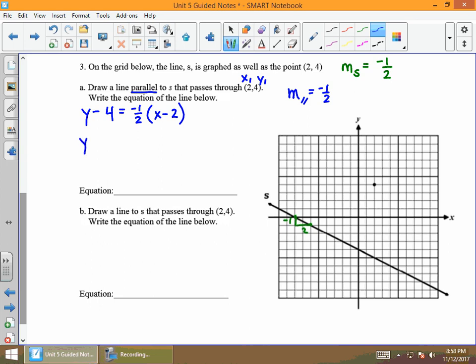Okay, so this is y minus 4 equals -1 over 2 times x minus 2. -1/2 times -2 is +1. And then I add 4 to both sides. And the equation is y equals -1 over 2x plus 5.